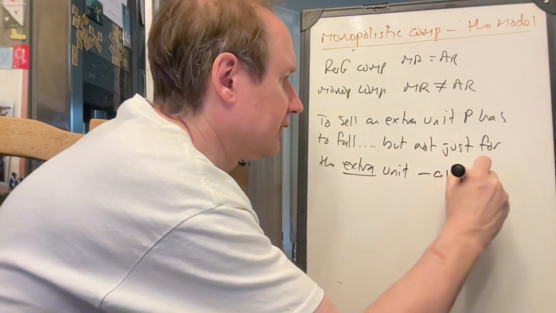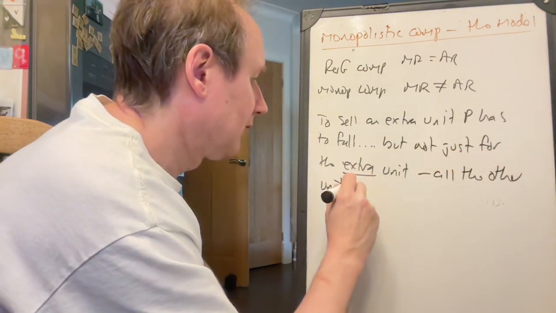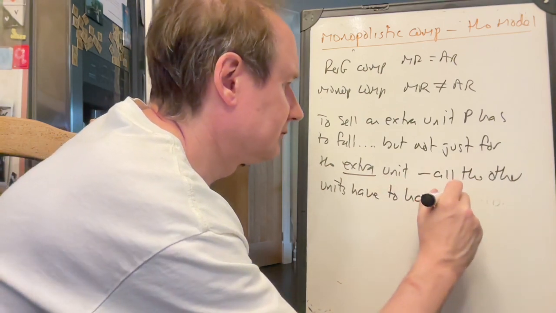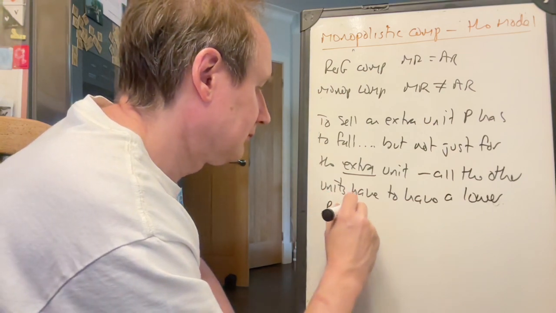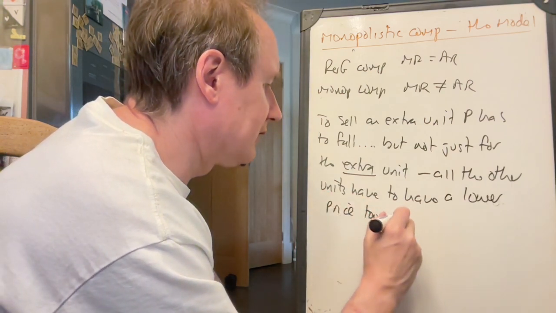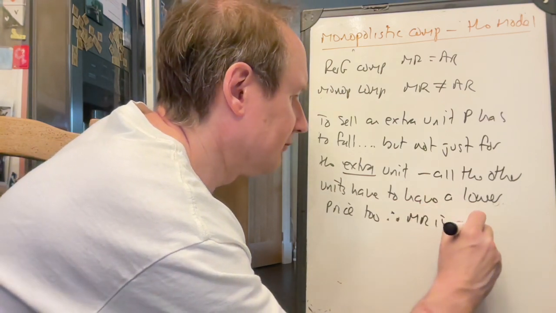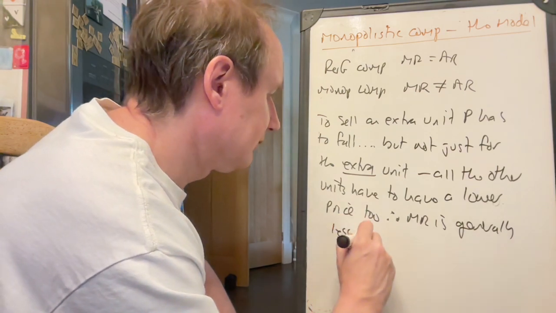All the other units have to have a lower price too. And therefore, what that means is marginal revenue is generally less than average revenue.